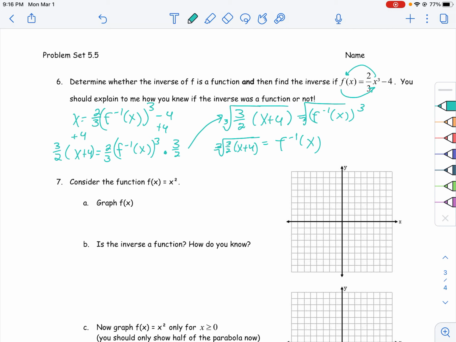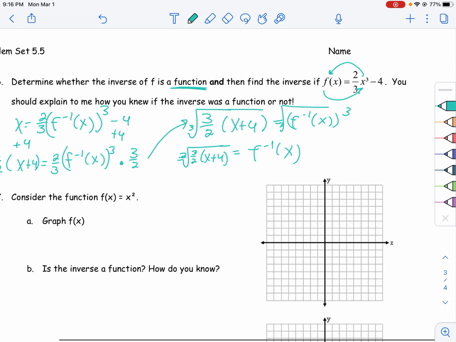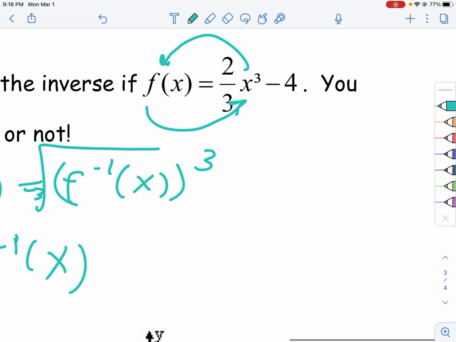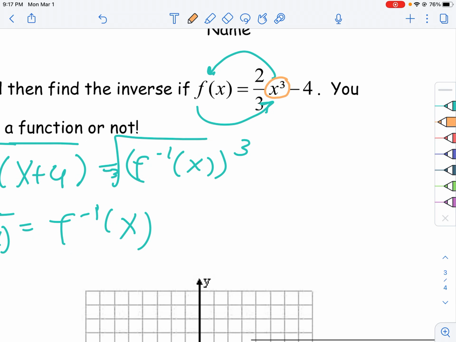So the next part says determine whether the inverse of f is a function. So how can we determine if the inverse of f is a function just by looking at the equation? The biggest way to tell here is to talk about what is the function that's getting created. This is 2/3 x cubed minus 4.